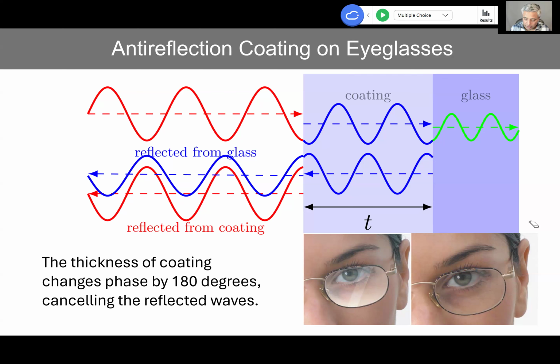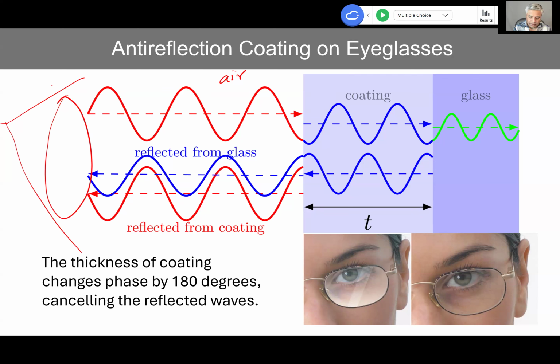So let's follow. There is a glass and there is a coating on the glass, okay? And there is air. Let's suppose light is entering. Here we are looking at the light reflected and getting to our eyes. So that means our eye is on this side here, okay?